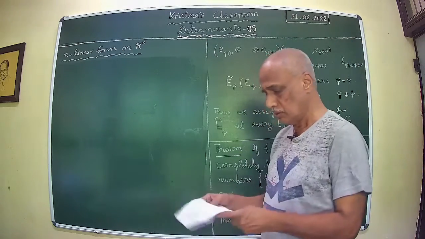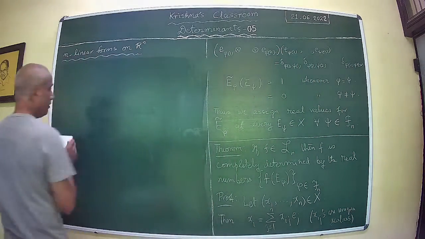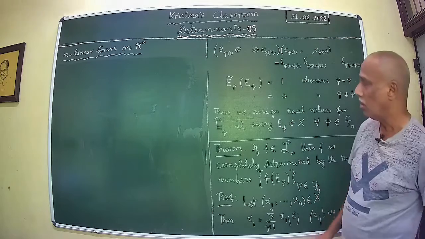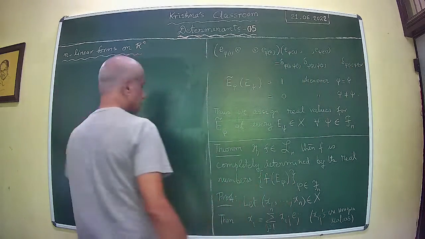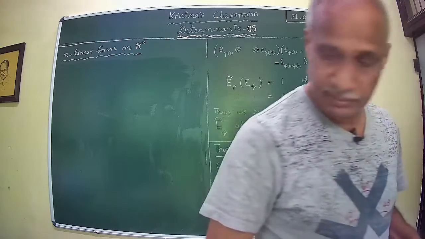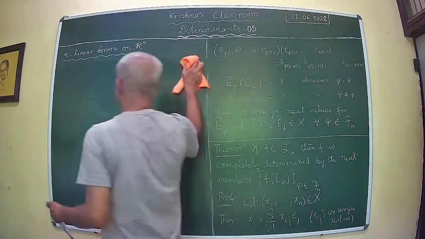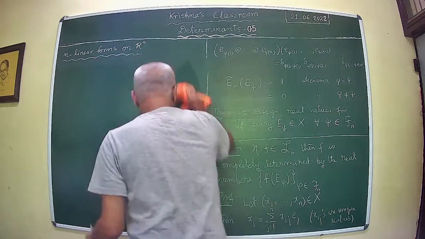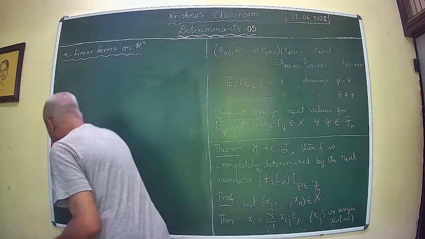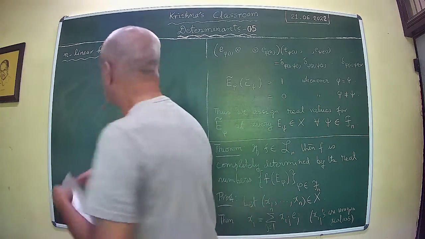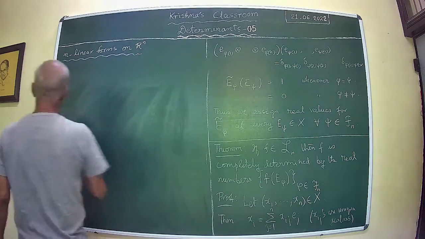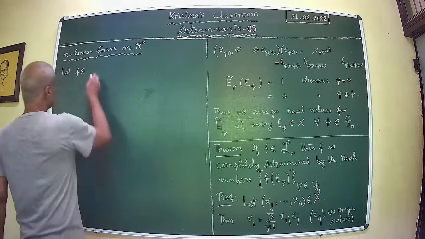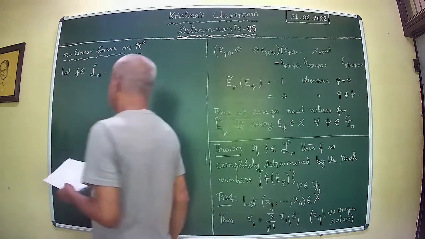So let f belong to Ln. That means it's an n-linear form on Rn. So if so, what do we get? An n-linear form.